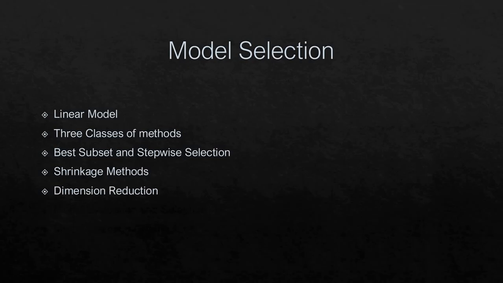Then moving right along to the other section, which is dimension reduction. The main techniques playing a role here are PCR, principal component regression, where the principal components capture the most variance in the predictors, but the components may not necessarily be the most predictive of the response.